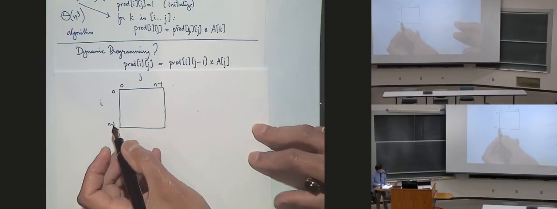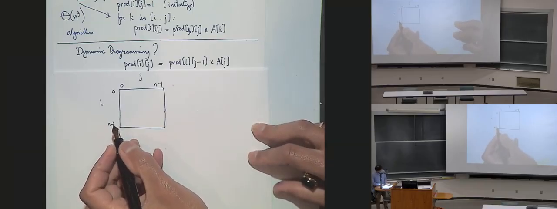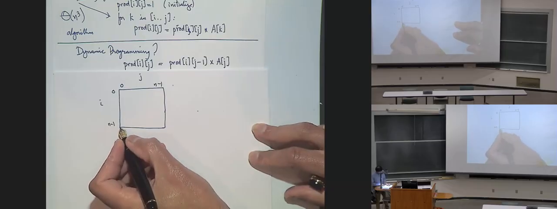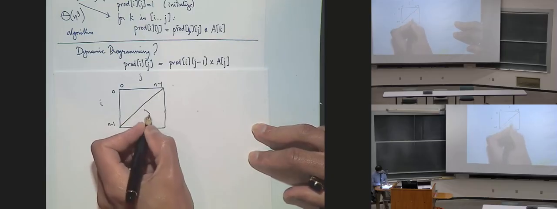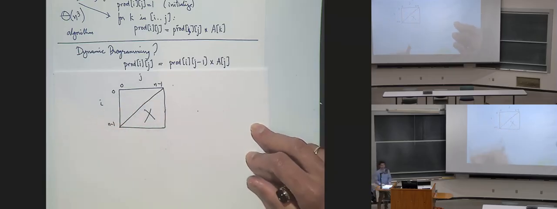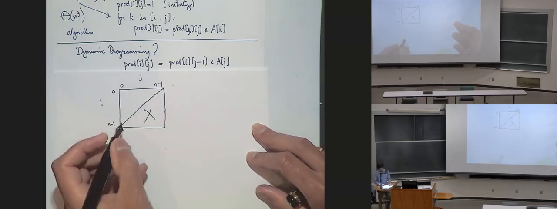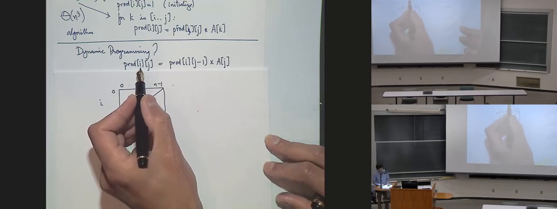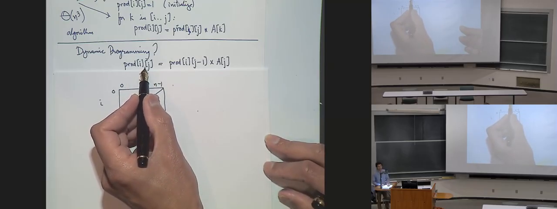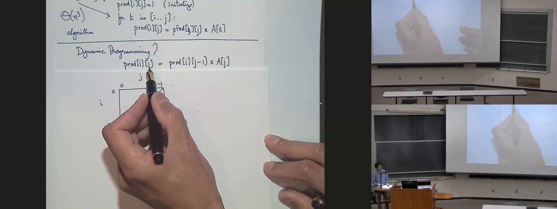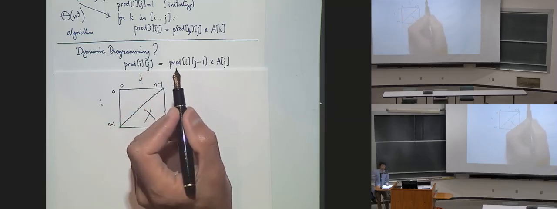Right? And essentially, because j is always greater than i, these are the only entries that I care about here. And so what I'm saying is, if you fix i, you can basically loop over all j going from i to n minus 1.